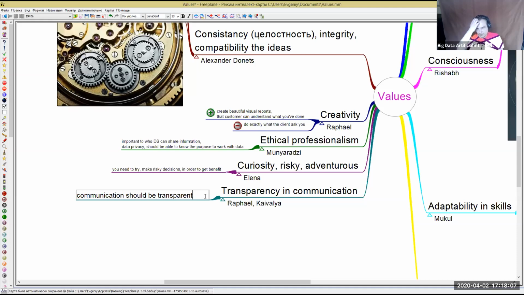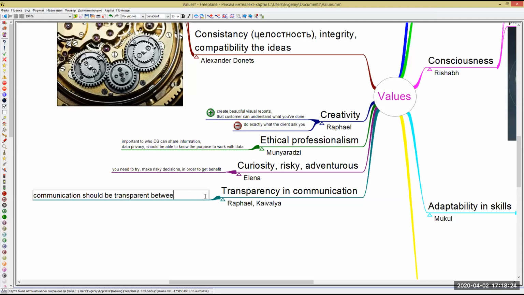So we cannot define transparency by transparency. Yeah, communication should be, how to say? Yeah, it's good, transparent. We can add traceability.